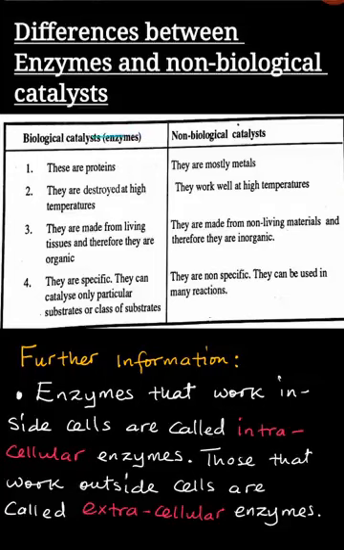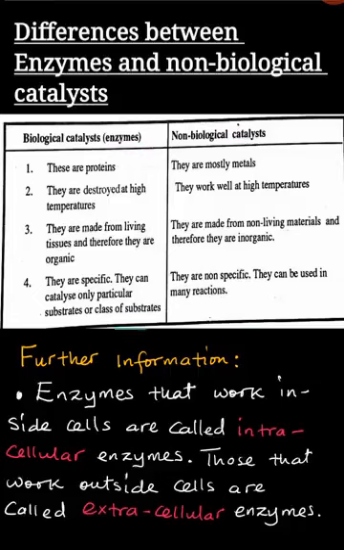So, on your left side, we have a table that talks about the nature of enzymes, and then on your right hand side of the table we have a list that describes the nature of non-biological catalysts.